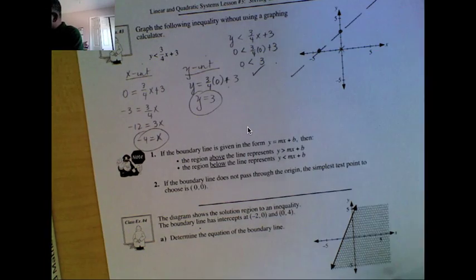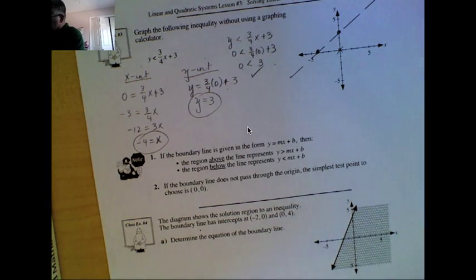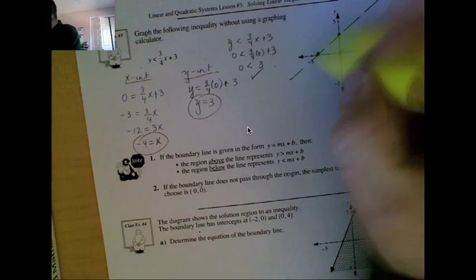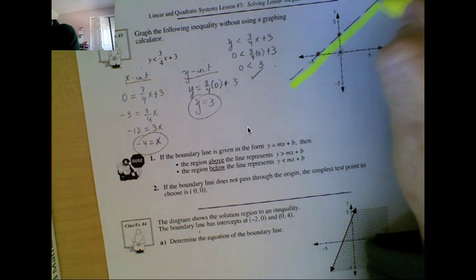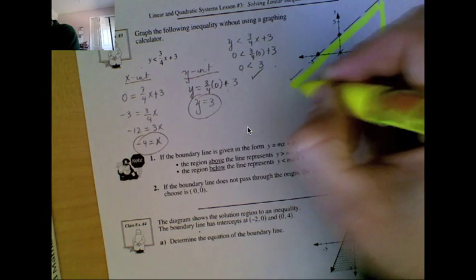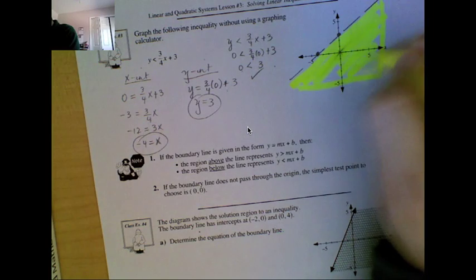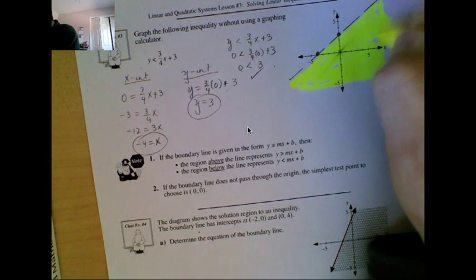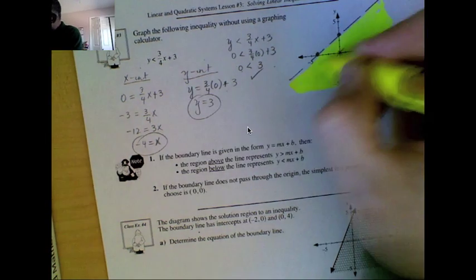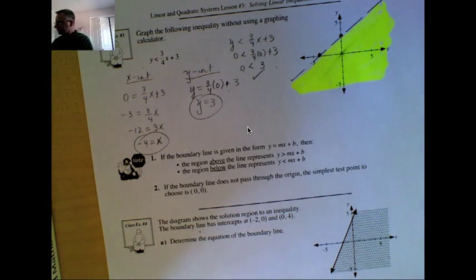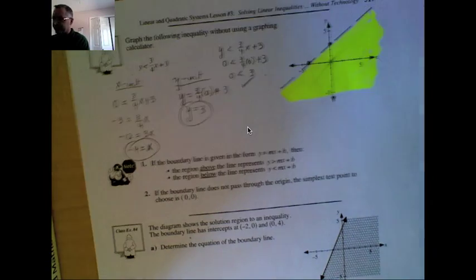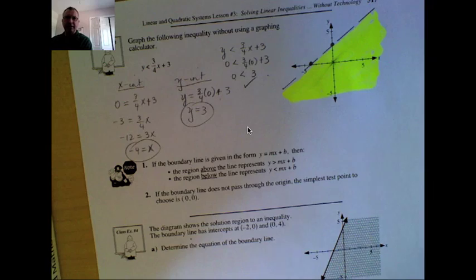So that means 0, 0 is part of our solution region. So the solution region in this case happens to be everything underneath that particular line. Again, if you have a highlighter, it makes life really super easy to highlight in the region.